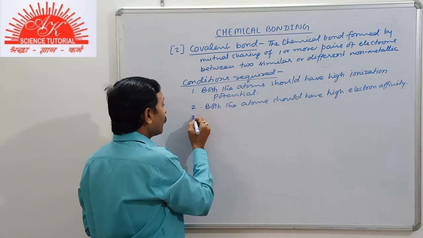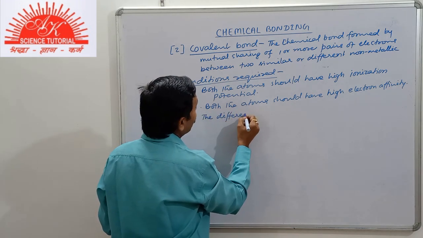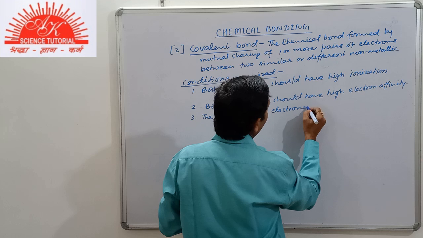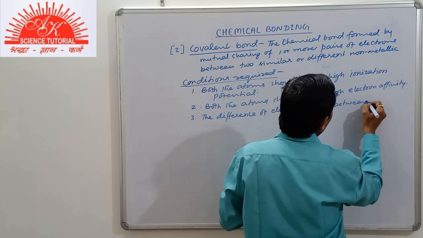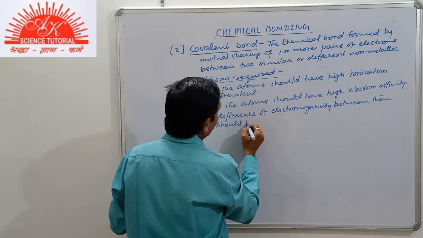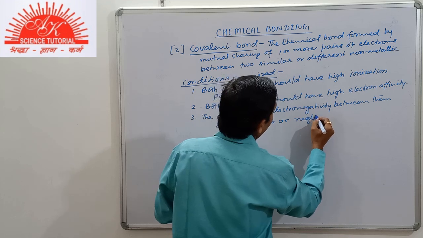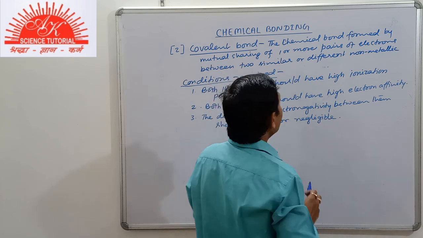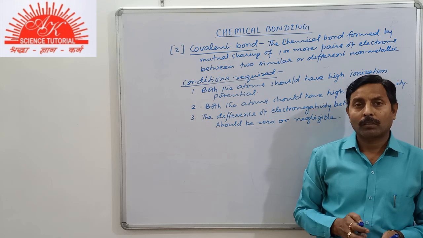Now, third, the difference of electronegativity between them should be 0 or negligible. Electronegativity is the tendency to attract electrons.